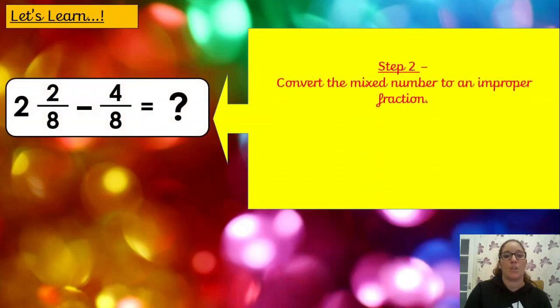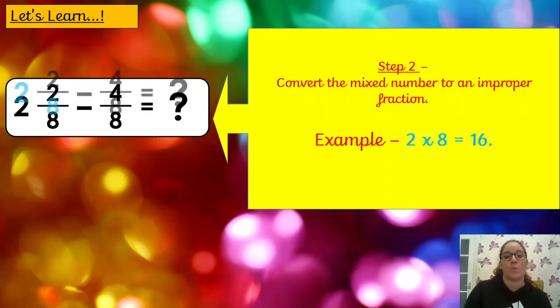Okay, step 2. Convert the mixed number to an improper fraction. So our mixed number is 2 2/8. We've got 2 wholes and 2/8. Take away 4/8. To convert it to an improper fraction, we're going to times the 8 by the 2, which gives us 16.